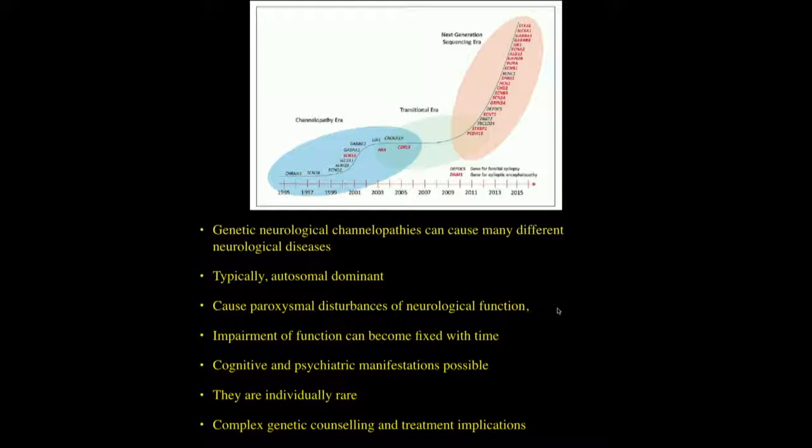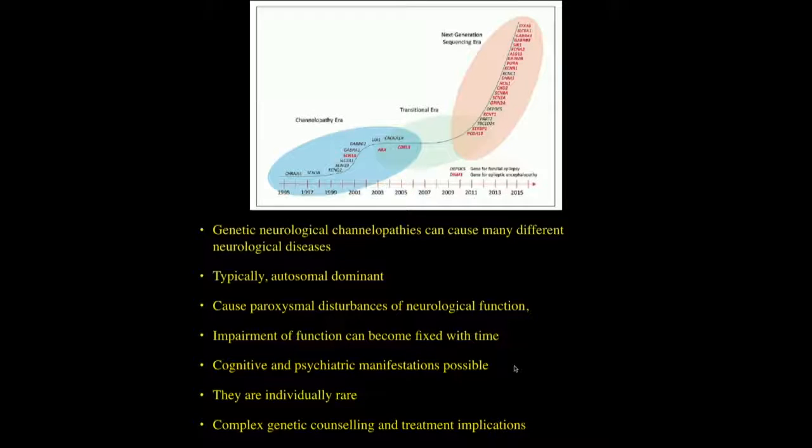The main manifestations are paroxysmal, as you have seen, but there may be impairment of function which become fixed over time. Function in patients with epilepsy is cognitive function. And some of these encephalopathies, as you have seen, when they are manifested with frequent seizures, they always carry cognitive impairment of different kinds.